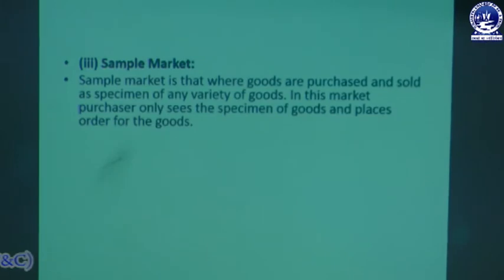Another type of market is the sample market. A sample market is where goods are purchased and sold as a specimen of any variety of goods. In this market, the purchaser only sees the specimen of goods and places an order for the goods.